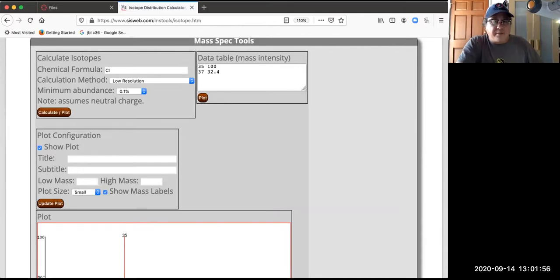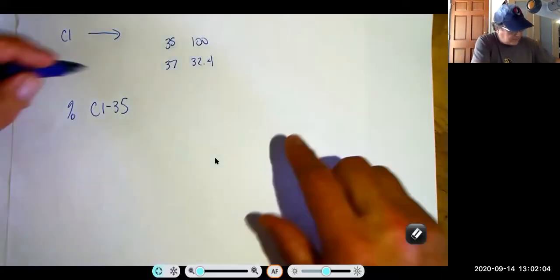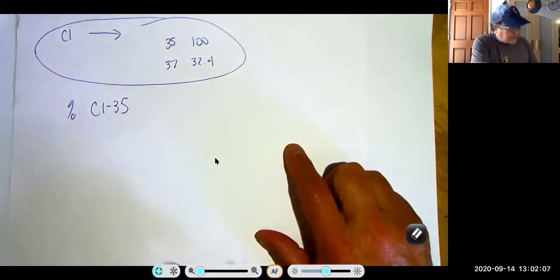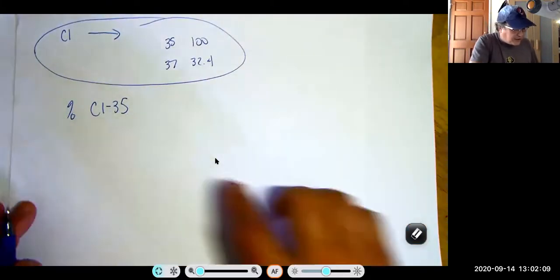So here I'm going to share my screen a little bit differently. So here are the numbers that we got from the generator.